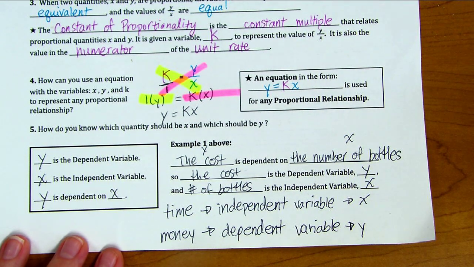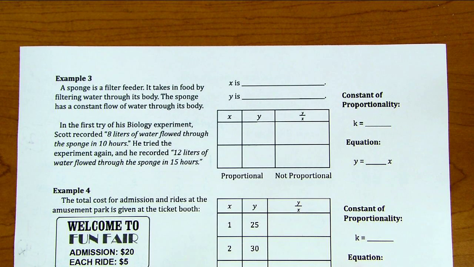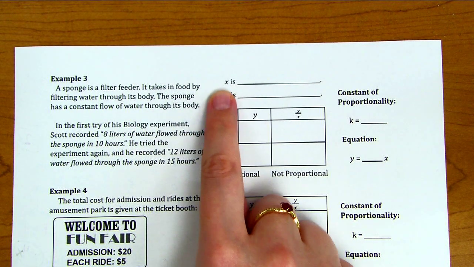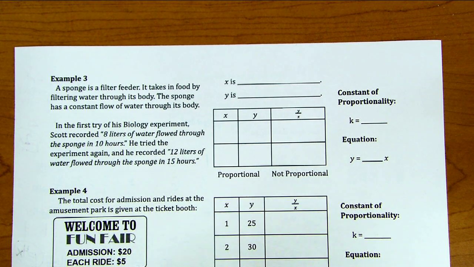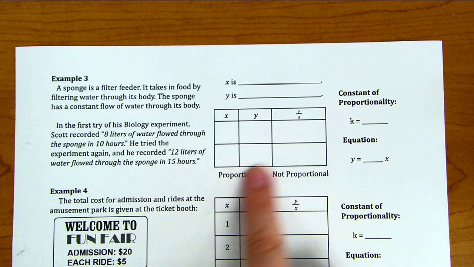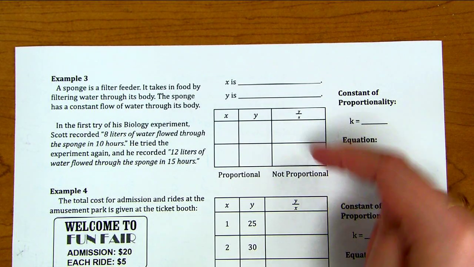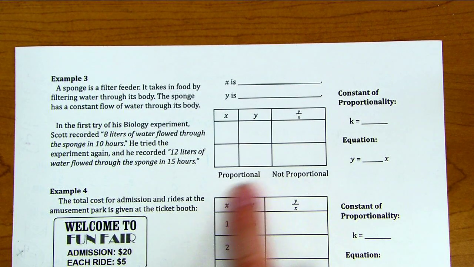Now, on the back, there are several more examples for us to identify. In this, we need to first figure out what we want to have represent our X, or the independent variable, and Y, the dependent variable. Then we need to practice building the table, simplifying the ratio of the Y values over the X values, deciding if the problem is or is not proportional.